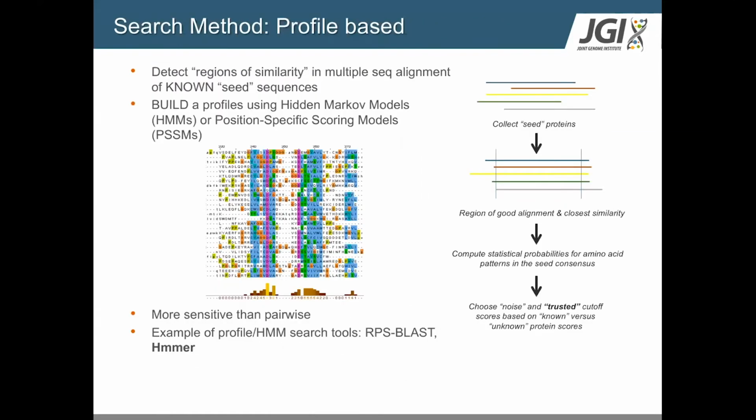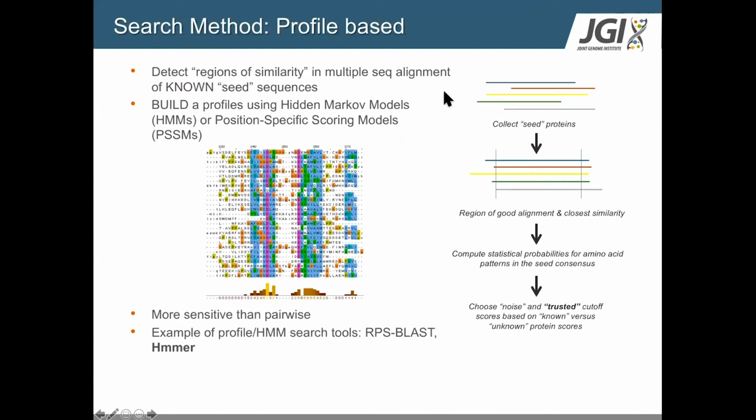The second method for looking for similarity is this HMM search that you heard about this morning. These are profile-based methods. And the difference between these is that first, the curator develops a really good alignment.